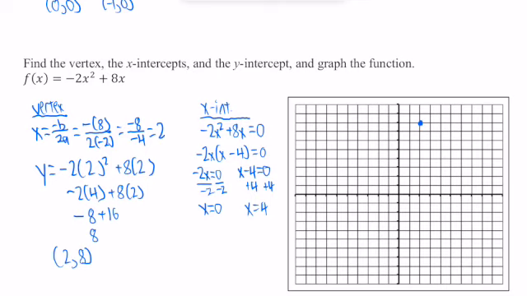So here we'll have points on the x-axis at 0 and 4. And as with our previous problem, when you have an x-intercept at the origin, it is also going to be your y-intercept. So now we can draw a smooth curve passing through these points and stick arrows on the ends.